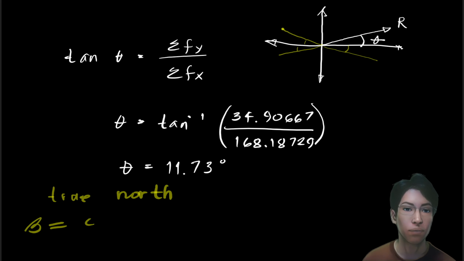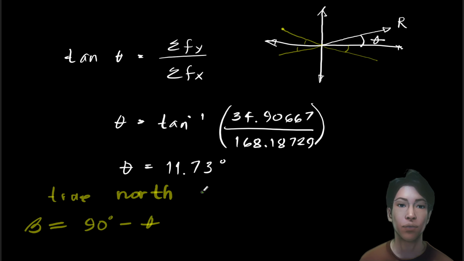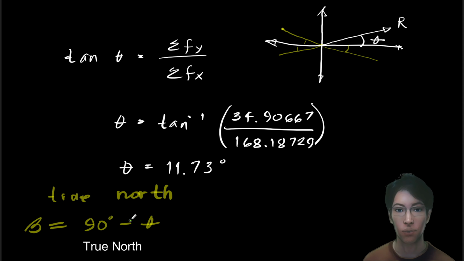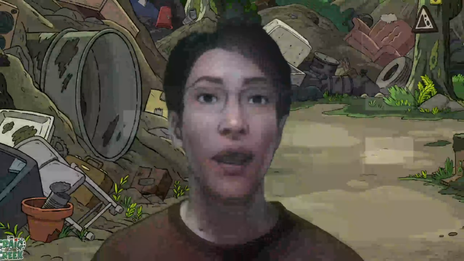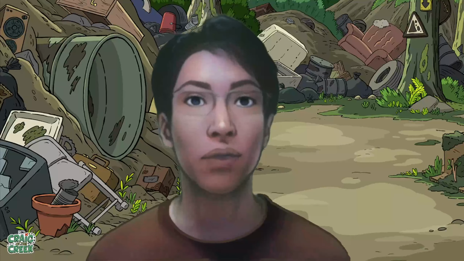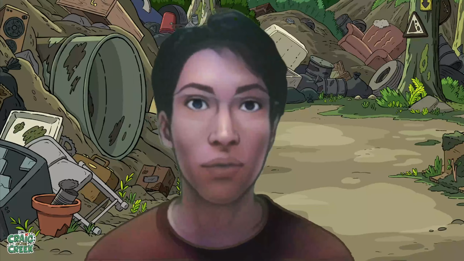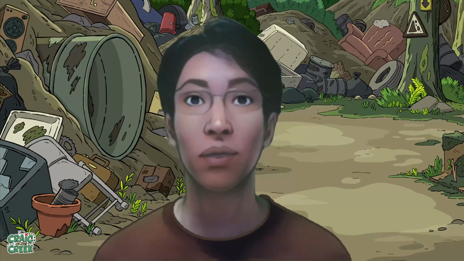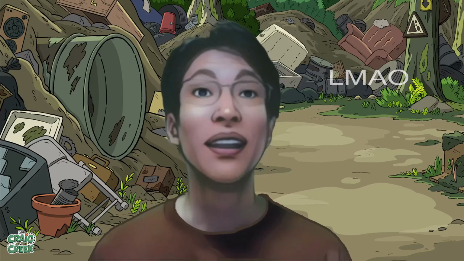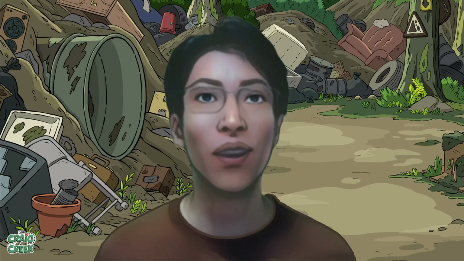Lemao, which means learn math always. 90 degrees minus angle theta. And that is for true north. And this is trigonometry in a nutshell. And always remember, Lemao. Lemao means learn math always. Okay, all right.